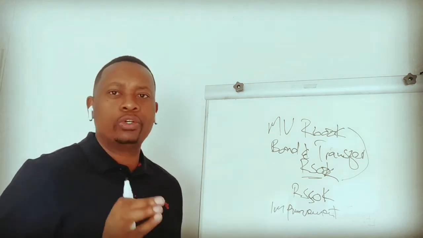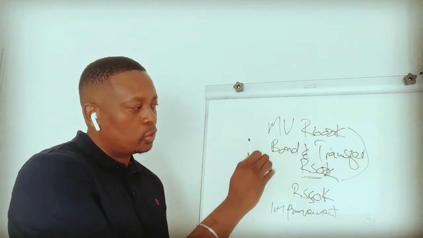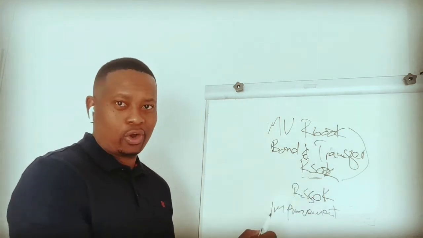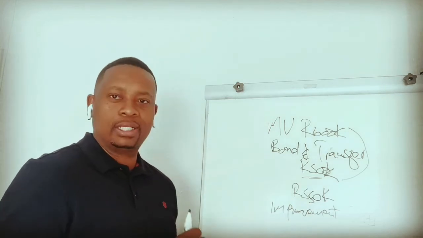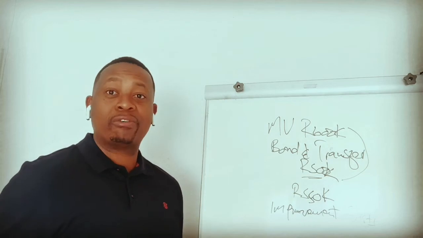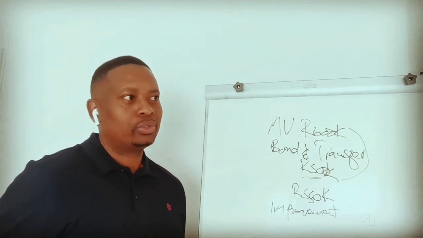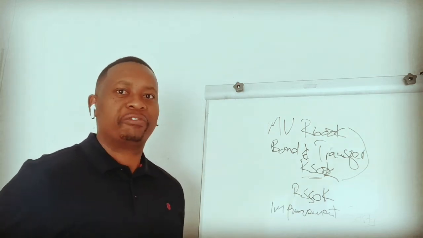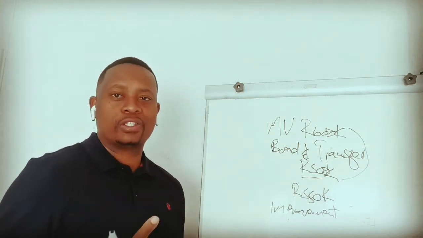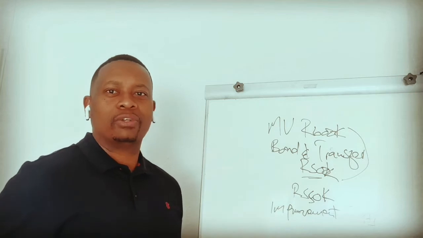So for today, I'm really going to touch on those two: look at your transfer and bond cost, and look at your improvement cost, right? Because at the end of the day, if you get excited to say, yo, I bought this property for 500,000, but now you need to spend 300,000 fixing it, then again it becomes a problem, unless of course there's an objective behind that.